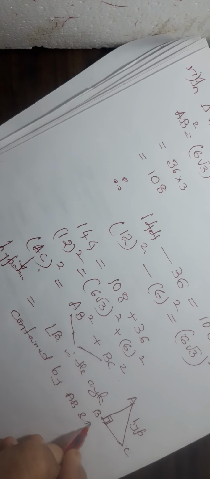So I hope you have understood. I have drawn the figure also there, and I am explaining here also. So angle B is the right angle. You need the explanation for that sum also. They have shown 120, 60, 90, 45 and all. So you came to know that the angle is 90 degrees.